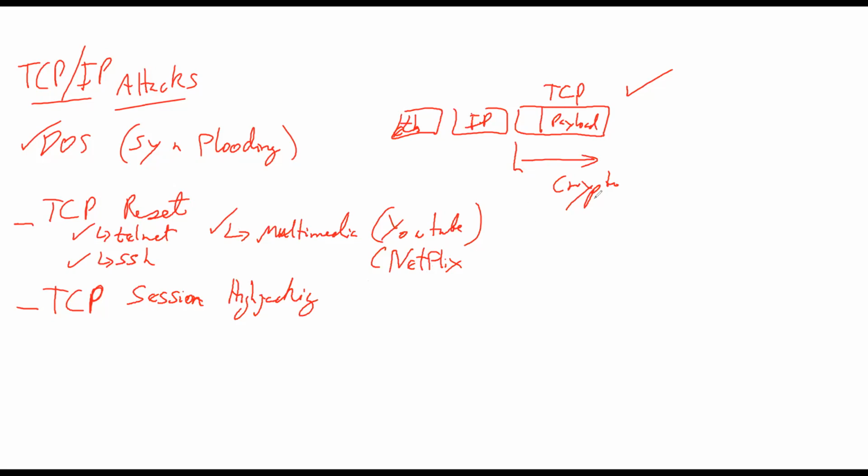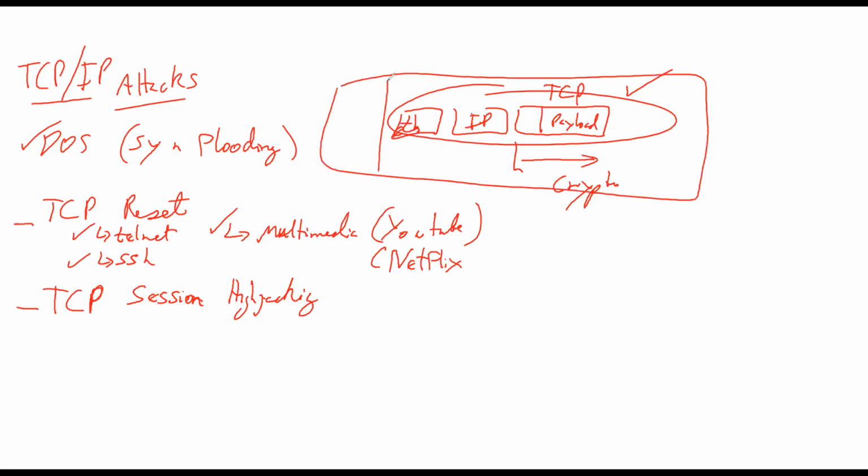Now this would not work if you're sending these packets over a VPN or something like that. Let's imagine the entire packet was being encrypted within another packet. In that case it wouldn't work, because you'd have to break the VPN tunnel, the encrypted tunnel, before you can actually get in here.